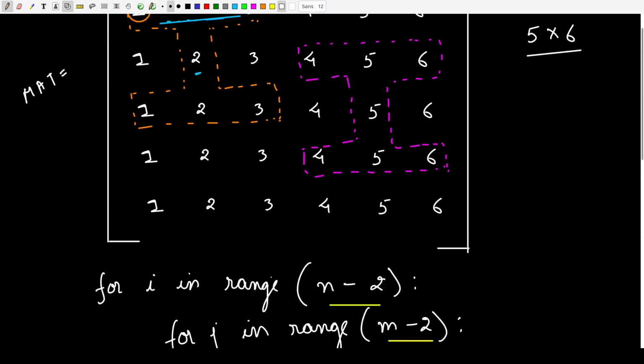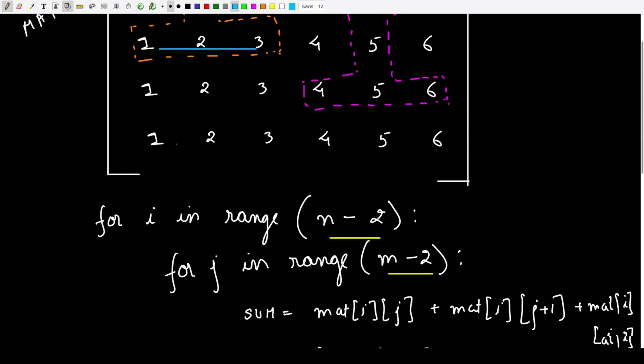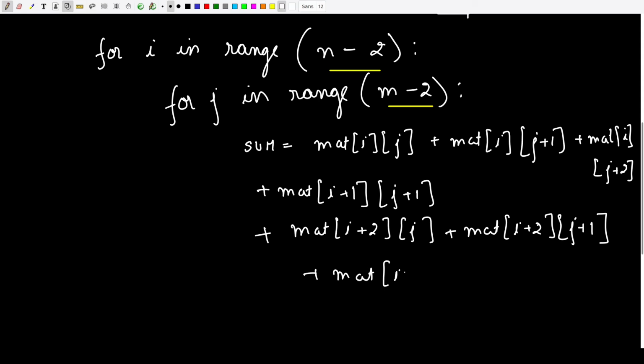Similarly, now let us cover the last row of the hourglass, which is this row. If the first row is i, j, then this row is i plus 2 and then the values of j. So this becomes plus mat of i plus 2, j, plus mat of i plus 2, j plus 1, plus mat of i plus 2, j plus 2.